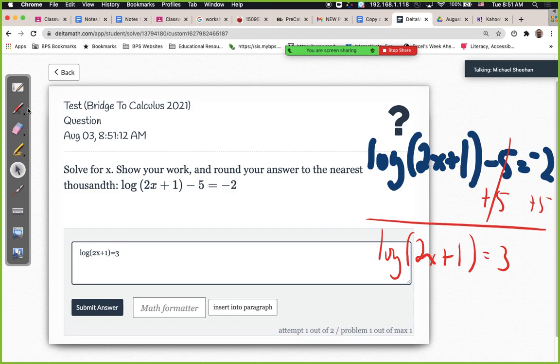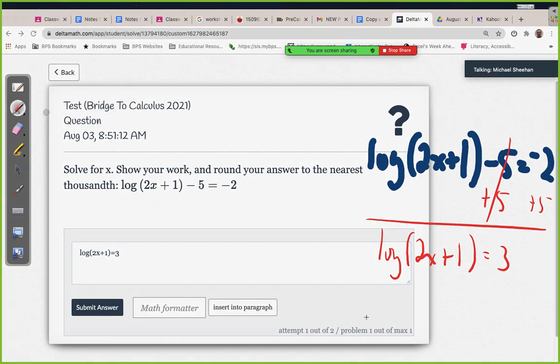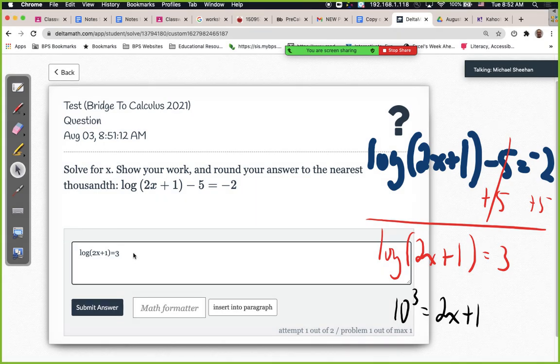And now, remember, this is a log base 10, and the log always equals the exponent. So the 3 is the exponent. All right, so 10 to the third equals 2x plus 1 is our next big step. Then I'm going to subtract 1 from both sides.